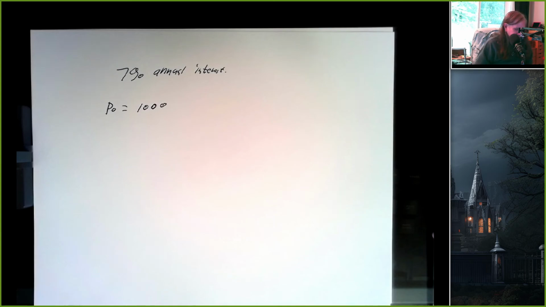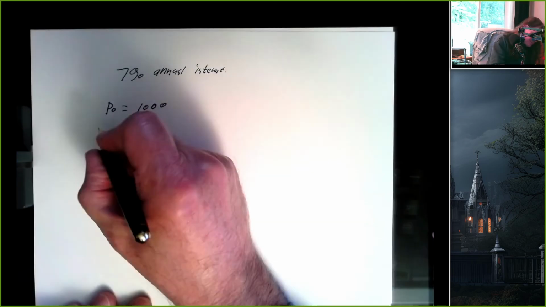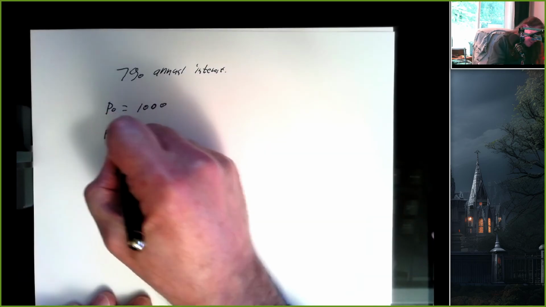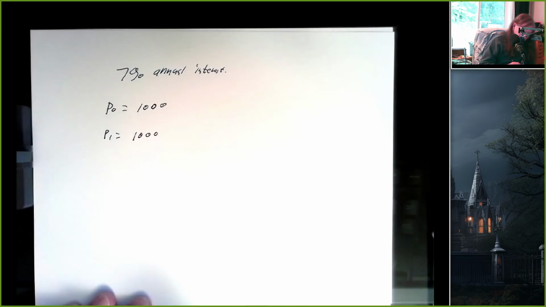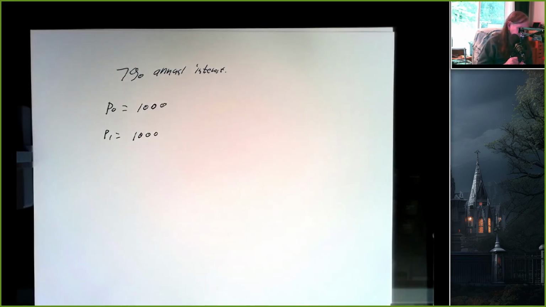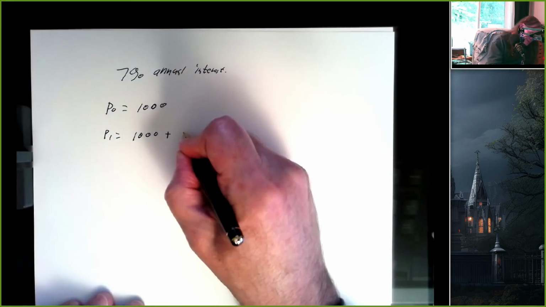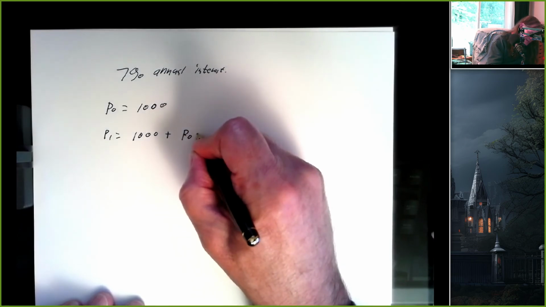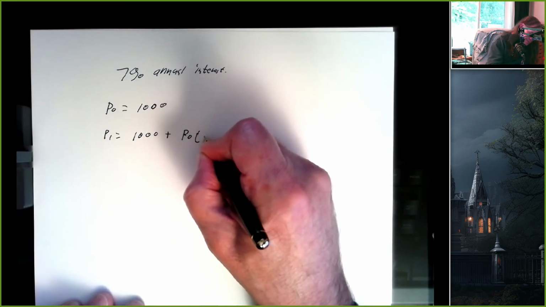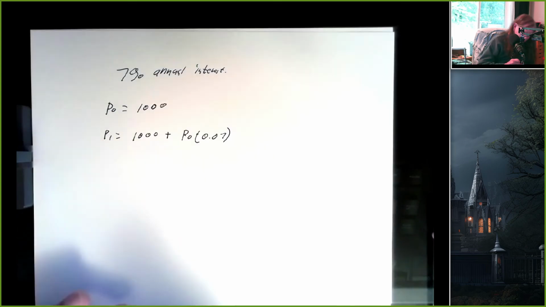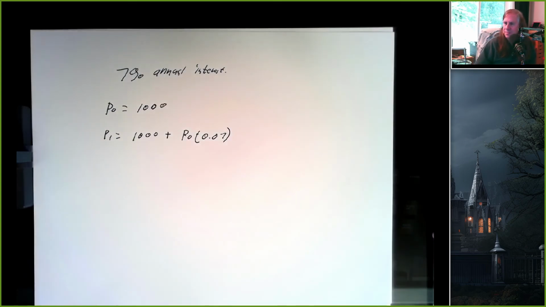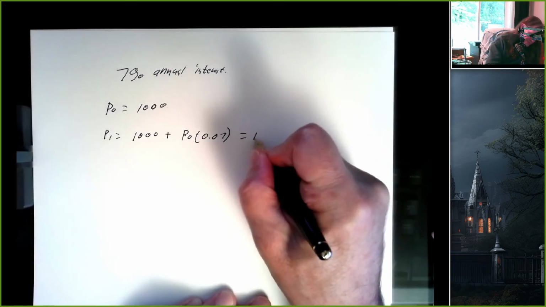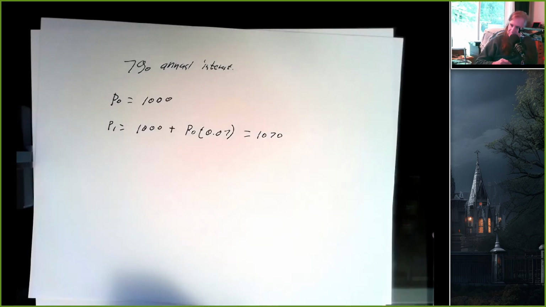You're going to have all of your original money, assuming no one robbed the bank, plus your original money times 0.07. It's 1,070 big ones.